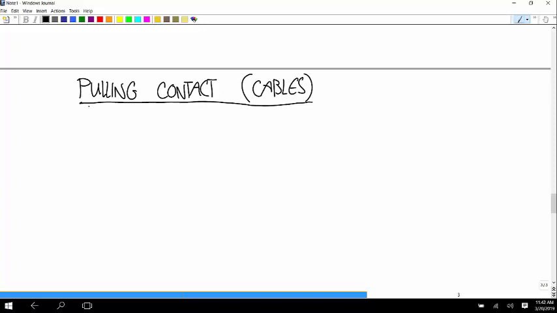You could replace it with a cable. So we'll just always think of it that way. Okay. So pulling contact, when you recognize it, is keeping two objects from moving apart.